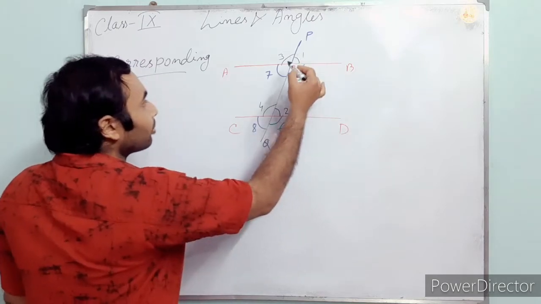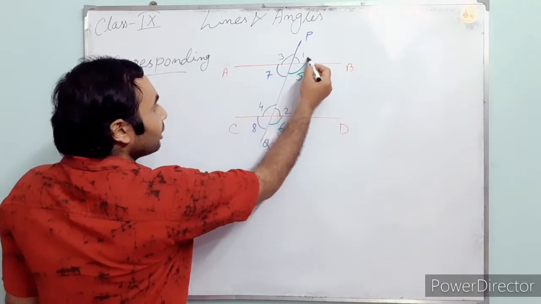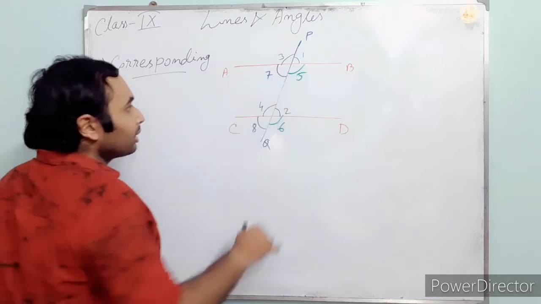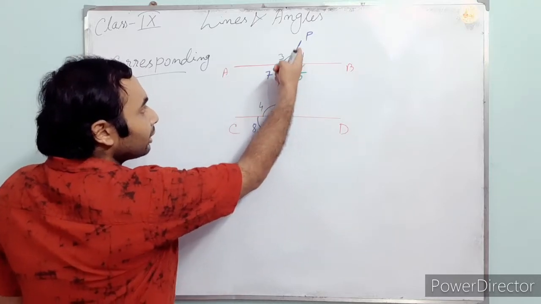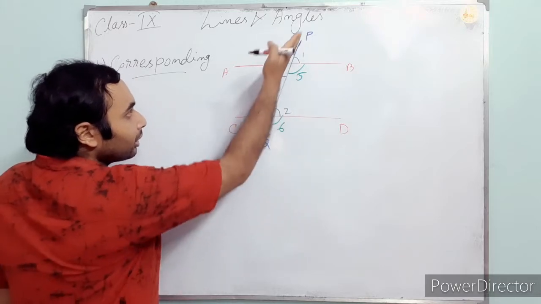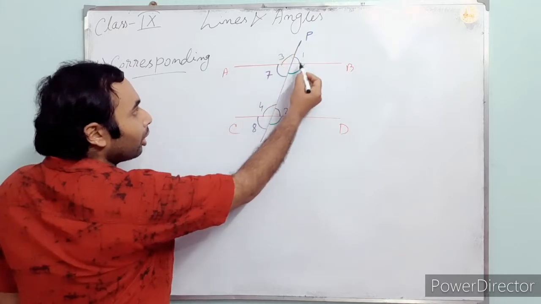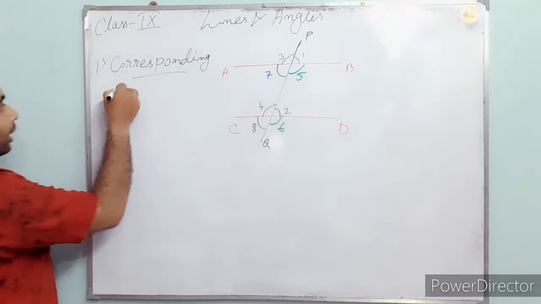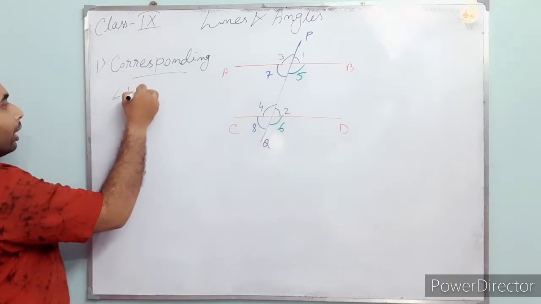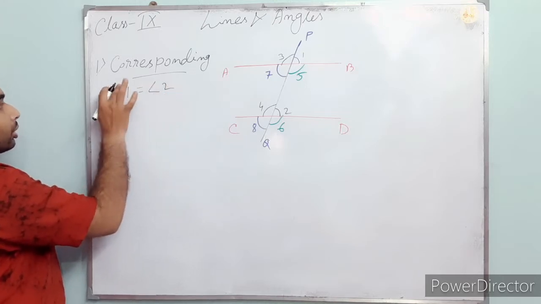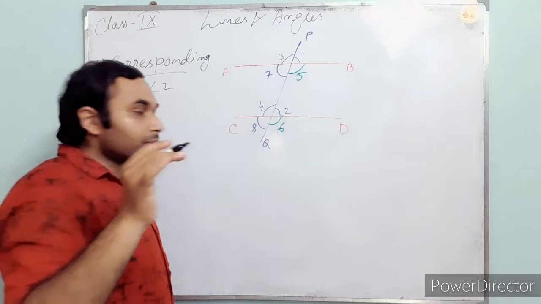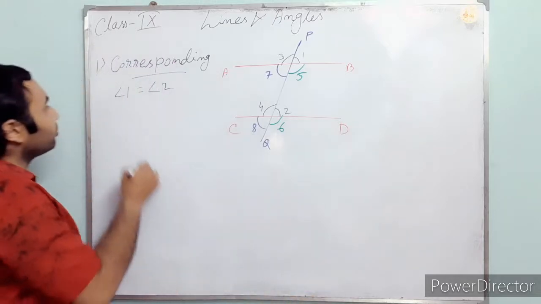You can see the measures of the angles are the same. Just see 1 and 2. AB and CD are parallel lines, and the transversal is PQ. So obviously angle 1 equals angle 2. I am saying again, the measure of the corresponding angles will be the same.